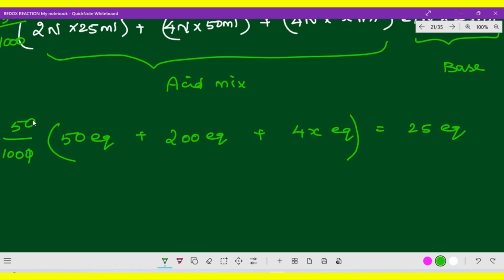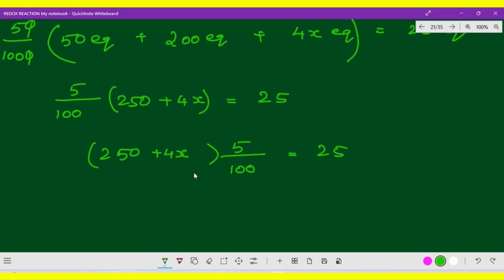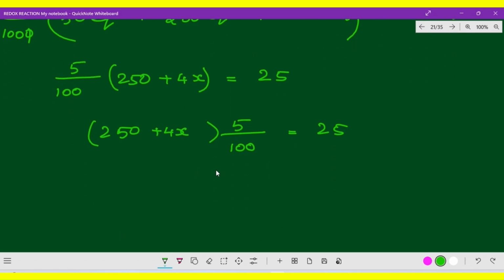Here this and this will be cancelled. Now 50 plus 50 plus 4x equal to 25. Here 5 divided by 100 is there, so let me bring this side. So 250 plus 4x, times 5 divided by 100, equal to 25. This 25 is the base, and these are all the acid mixture, which was diluted up to 1 liter.